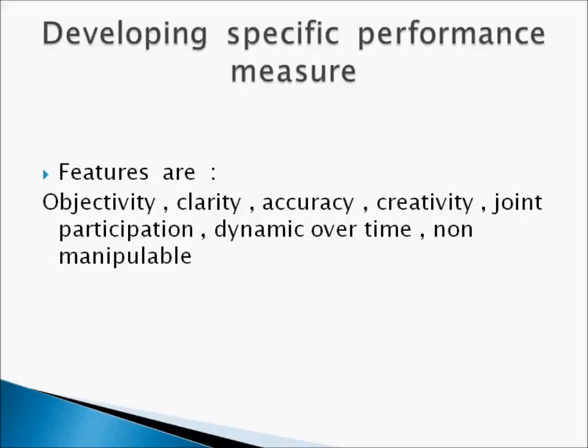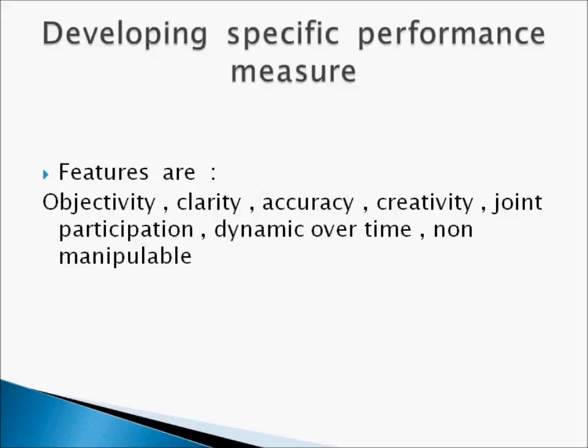Objectivity means the measurement of the system should rely on quantitative data instead of qualitative feelings and assessment. Clarity represents the people's understanding about the performance measures and requirements in order to direct the performance toward the desired outcome.